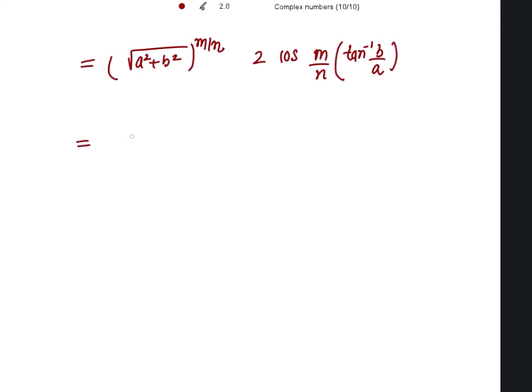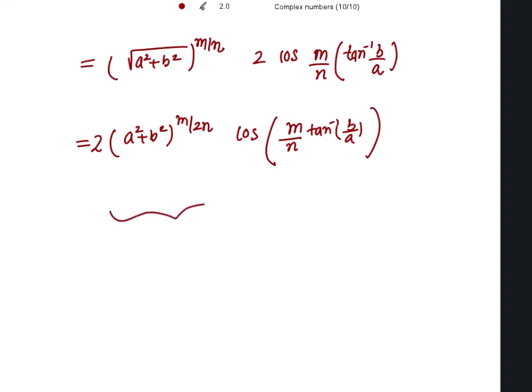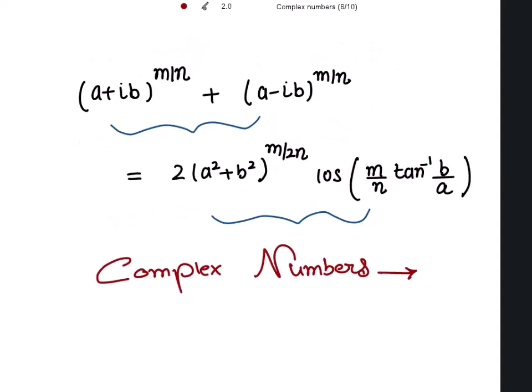So this can be further written as a square plus b square the power m divided by 2n, I'm writing 2 over here, which is multiplied with this, cos of m by n tan inverse b by a. So this is what is needed to be proved. Shown that this left hand side is equal to this right hand side. So we have shown that this left hand side is equal to this right hand side.